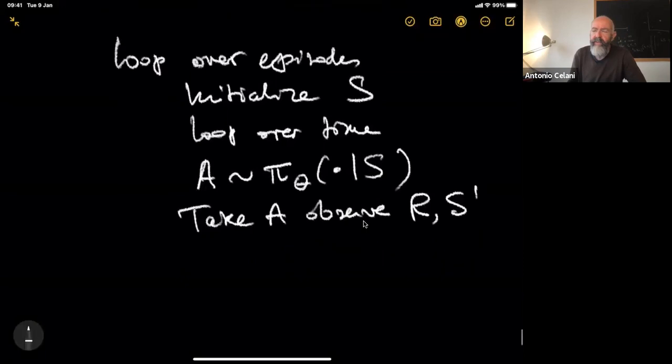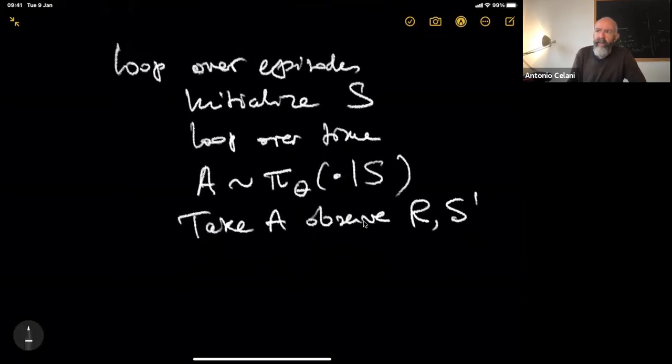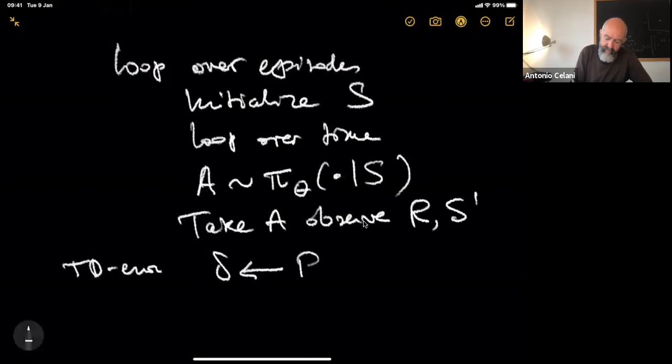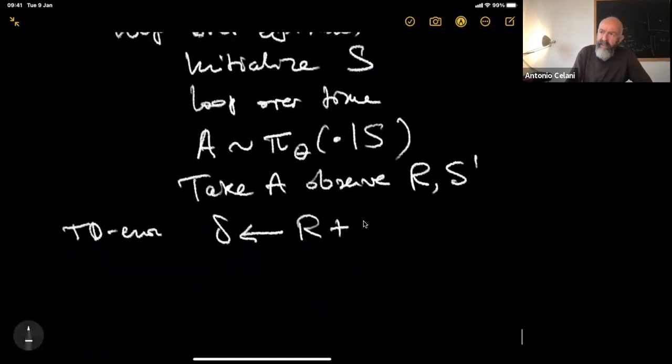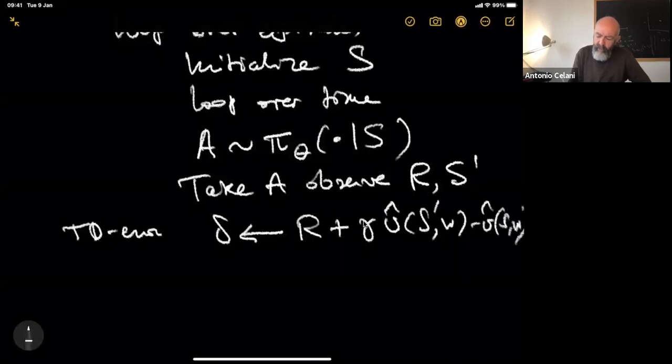That's the usual routine. Then you construct the temporal difference error. You take R plus gamma, your estimate at the current parameter values, at S prime. This is the usual temporal difference error for value learning.